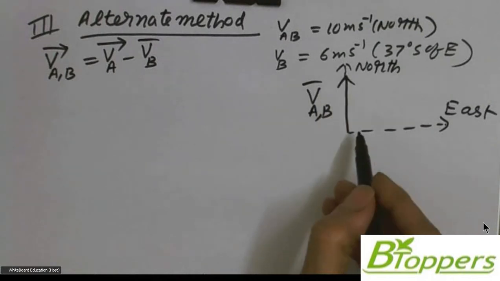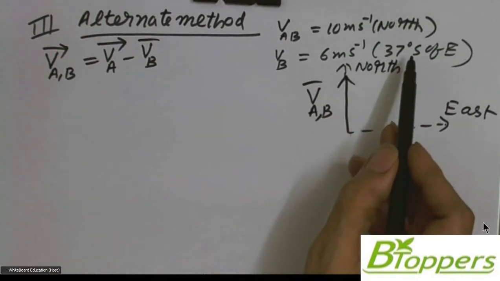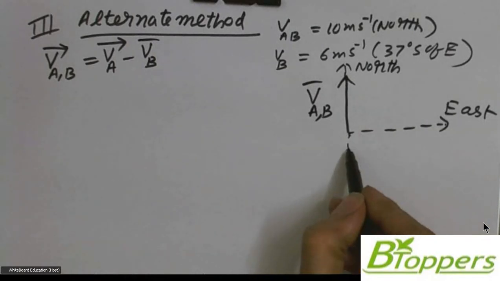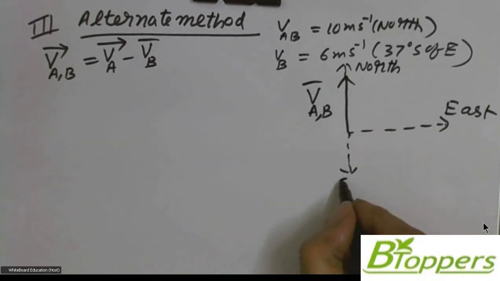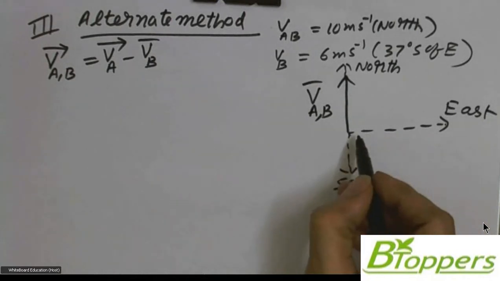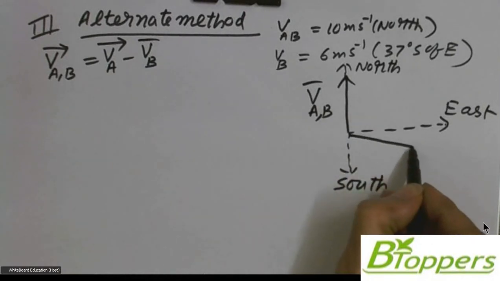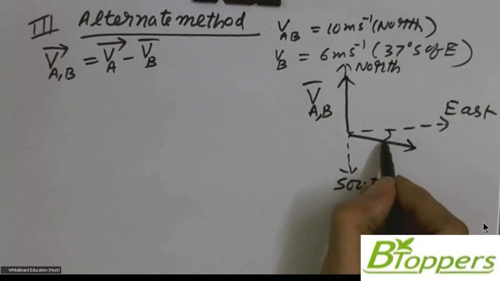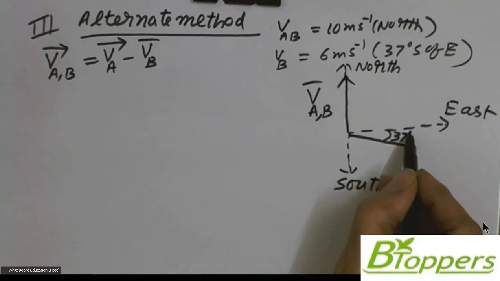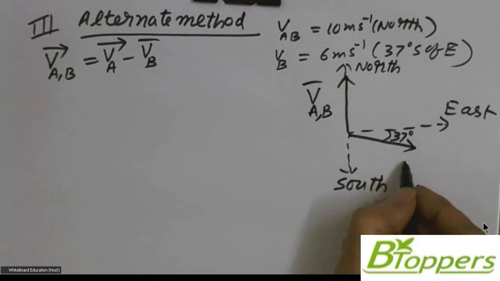The velocity of the body B has the direction 37 degrees south of east. That means the velocity of B makes an angle of 37 degrees with the east direction, inclined towards south.